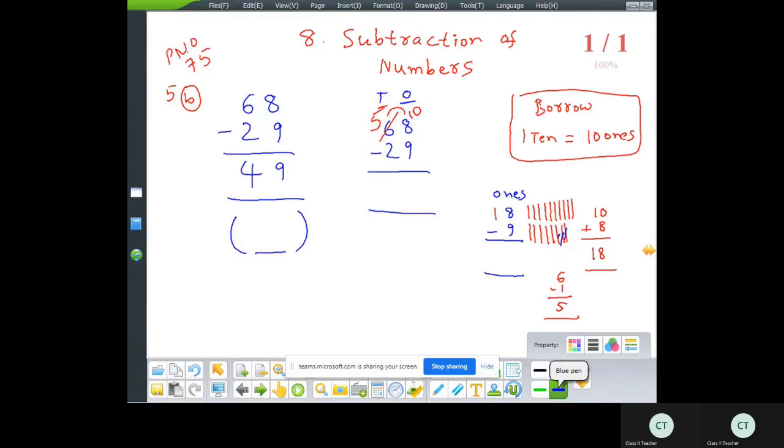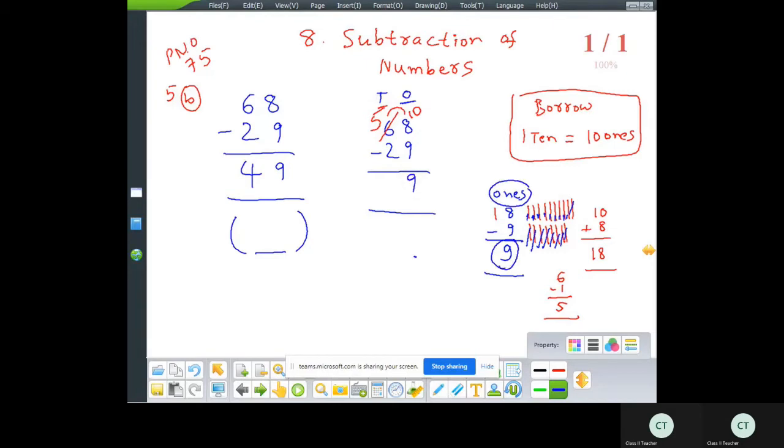After cutting 9 lines from 18 lines, remaining lines are 9. 18 minus 9, 9. This answer 9, write in ones place.